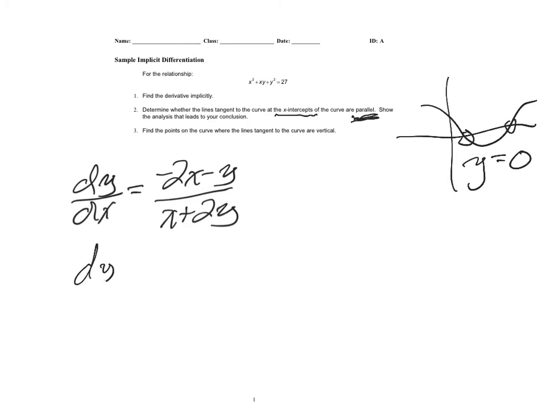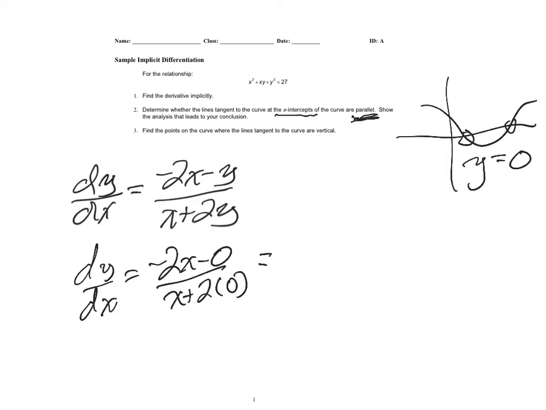So dy dx is negative 2x minus 0 over x plus 2 times 0, which simplifies to negative 2x over x, which again simplifies to negative 2.